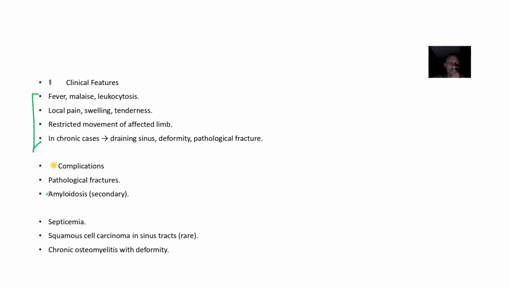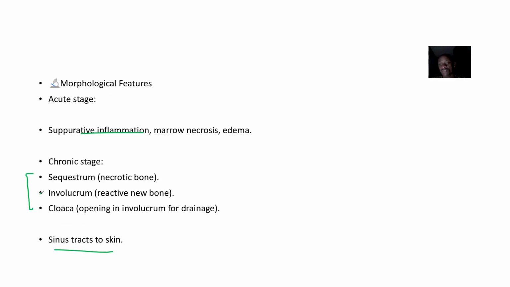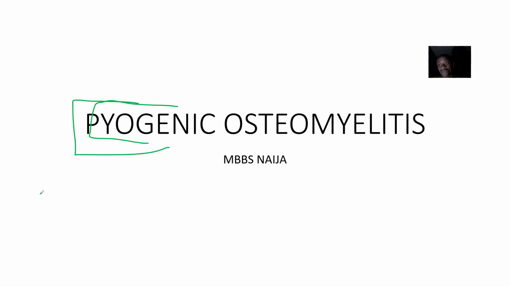So complications: it could lead to amyloidosis, it could lead to septicemia, where the bacteria gets into the bloodstream. Then squamous cell carcinoma in the sinus tract. Okay, then chronic osteomyelitis, where your bones are getting weak, could actually fracture. So you see that's chronic osteomyelitis with this thing, deformities.